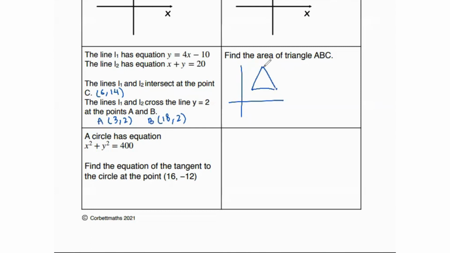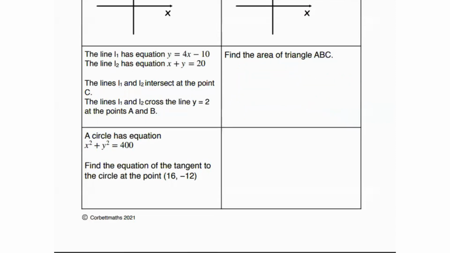This is our triangle A, B, and C. So our base is 15 and our height is 12, because 14 minus 2 is 12 and 18 minus 3 is 15. So area is going to be 1 over 2 times base times height. That's 1 over 2 times 12 times 15, and that's going to equal 90. So 90 units squared is our area.